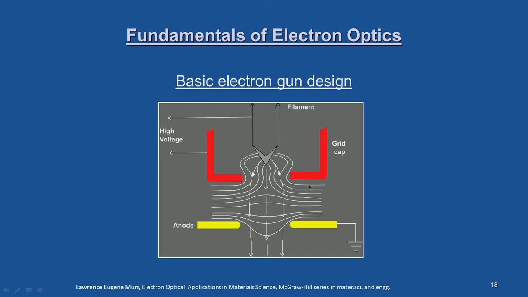This is done by negative bias given between filament and this anode, which will not only accelerate the beam but also concentrate the beam to this region. We will see the importance of this in due course. I just want to introduce this in the beginning like this.